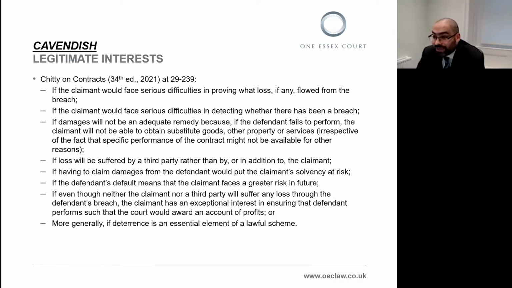Aside from the examples given in Cavendish itself, there is not, and there never will be, an exhaustive list of the sorts of things that might constitute a legitimate expectation.